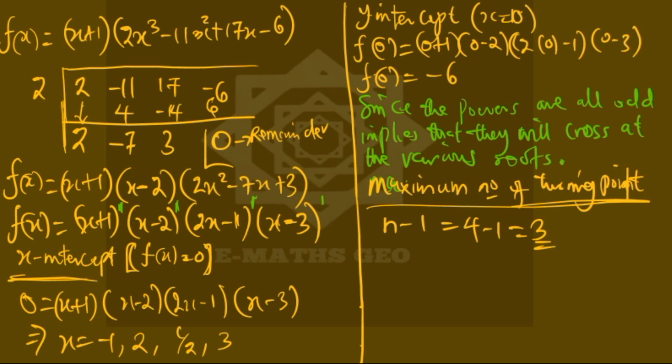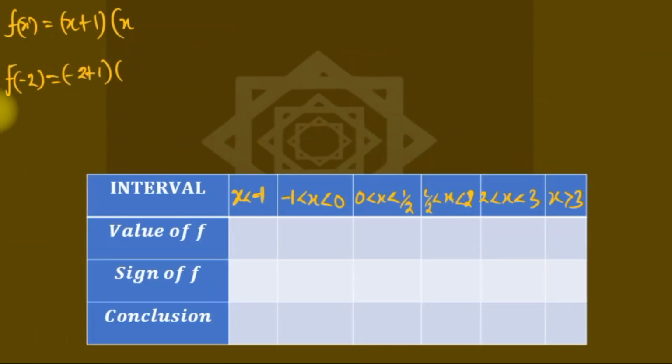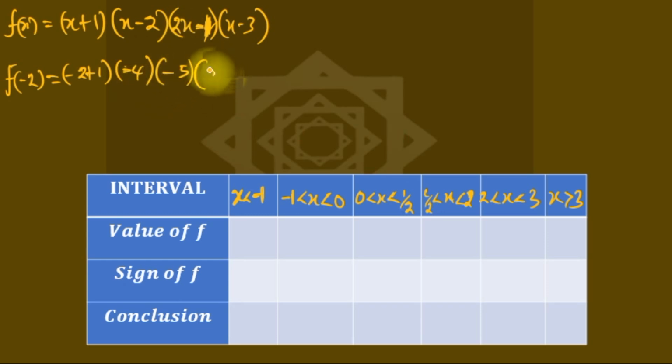So let's test. This is -2 plus 1, this is -4, this is -5, and this is -5.